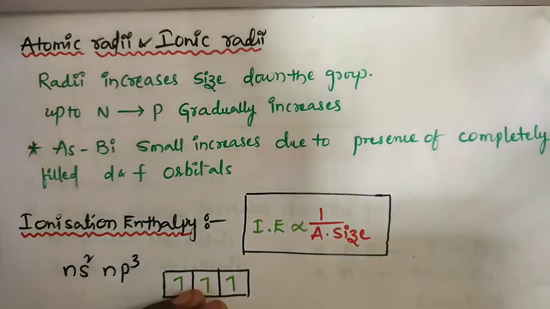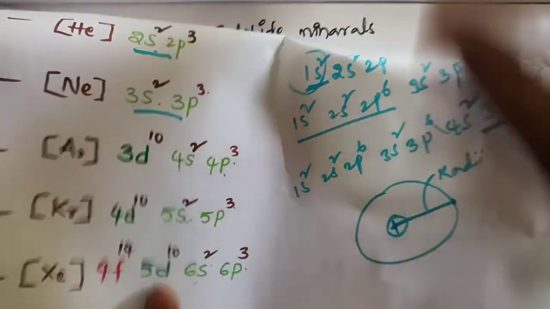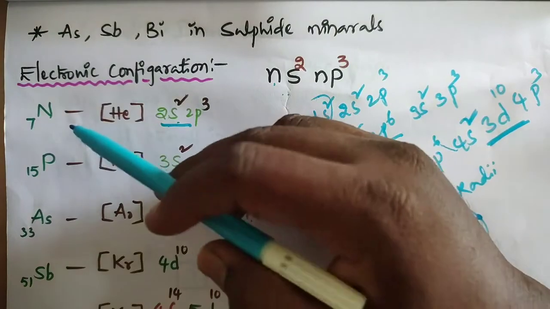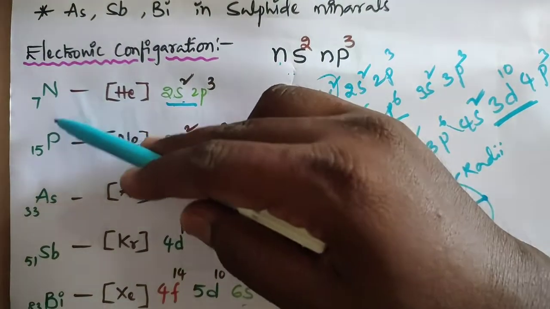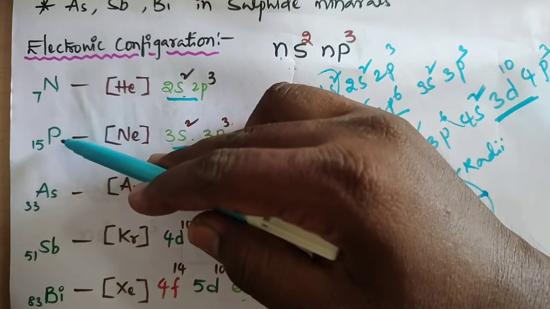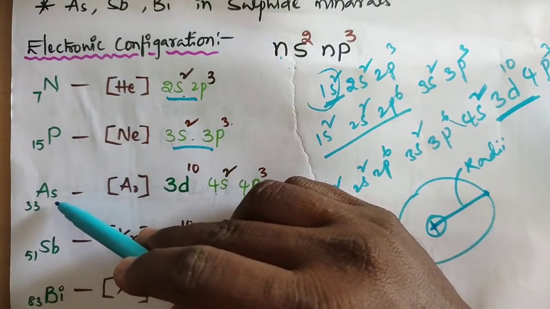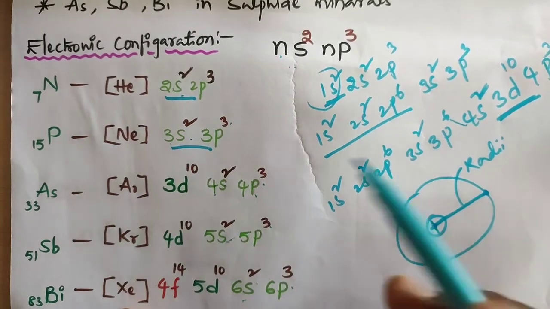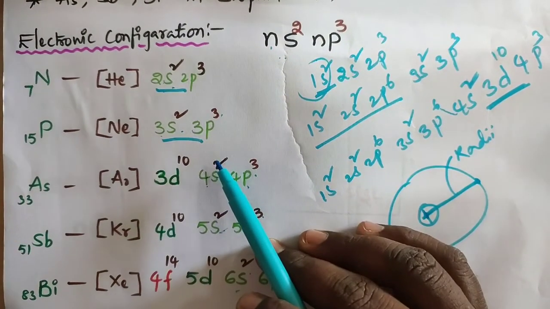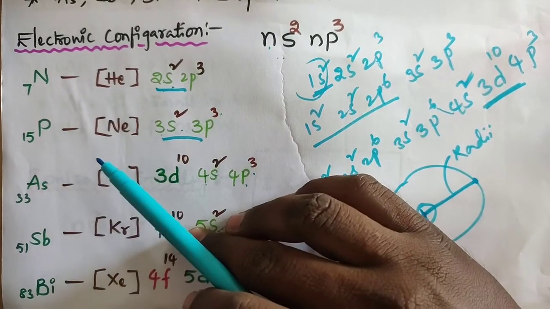Atomic radius from nitrogen to phosphorus gradually increases, but from arsenic to bismuth the atomic radius increases slowly.